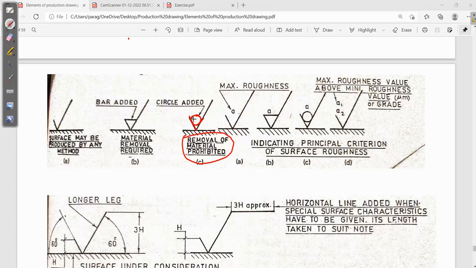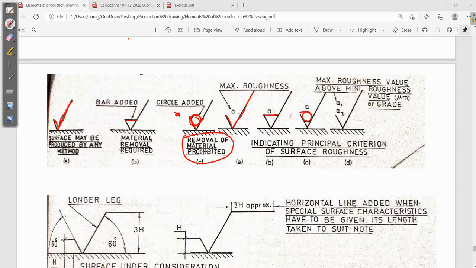We don't have to remove material, so that time we have to add the circle. If material removal is required, just add the bar and you need not mention anything else. Whether material removal is required or not, you just have to draw it like this. So your simple surface roughness symbol, along with bar, along with circle.